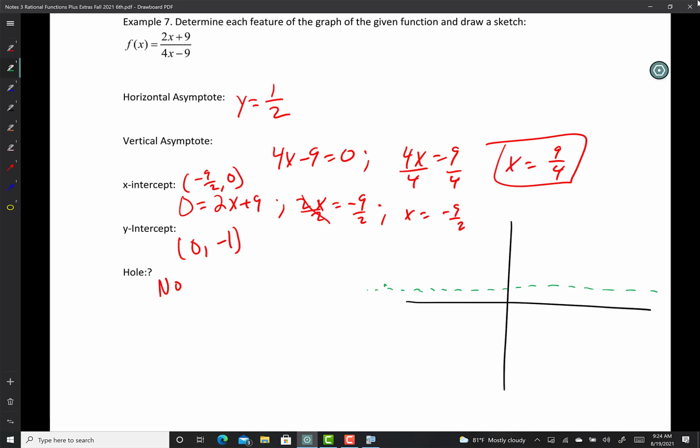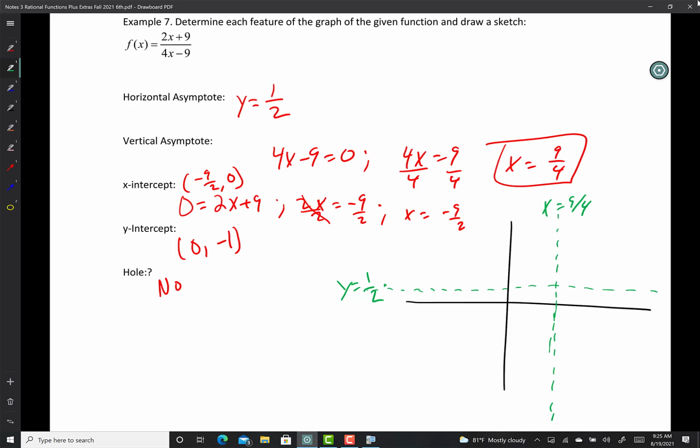Vertical asymptote of 9/4. So what's that? 2.25. So I'm going to say 2.25 is right there. This is x equals 9/4. This is y equals 1/2. When you do Delta, it's going to want x equals, y equals when it wants horizontal and vertical asymptotes.